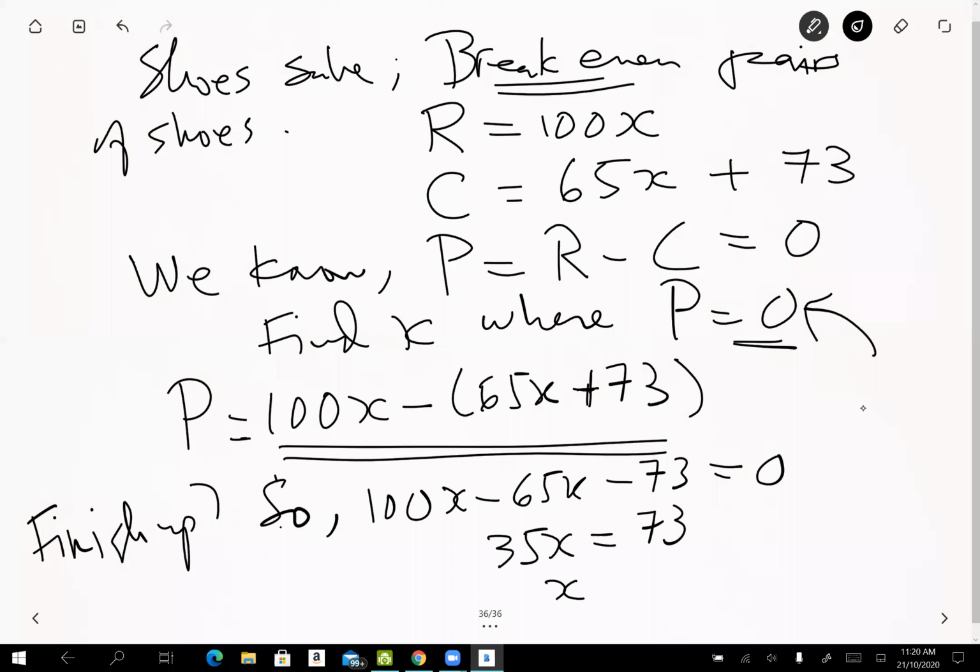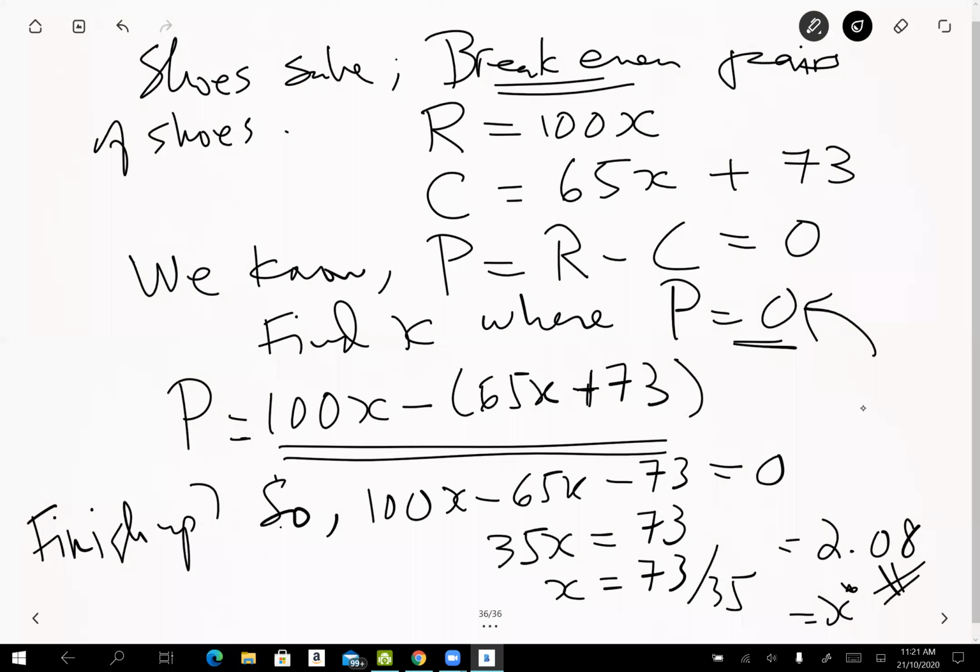So x is equal to 73 over 35. That is 2.08. So in other words, about 2 pairs. That is the break-even pairs of shoes. You call it X star. So you say, to break even, we have to sell 2.08 pairs of shoes. If you want to round up, that will become 2 pairs of shoes.